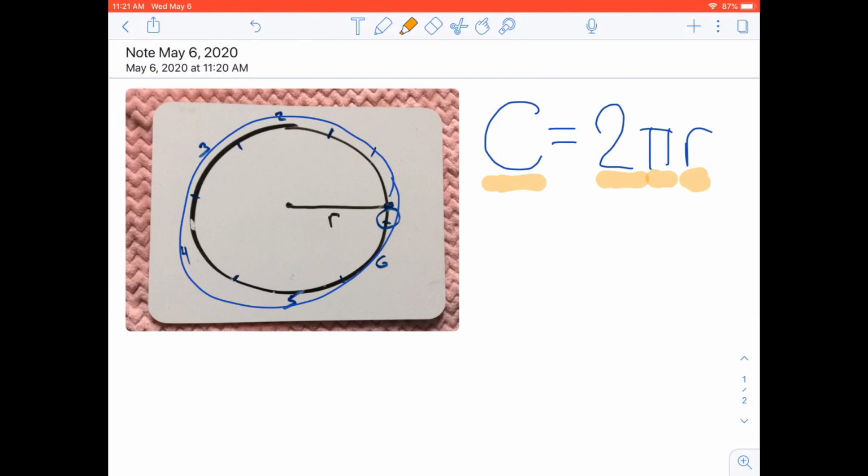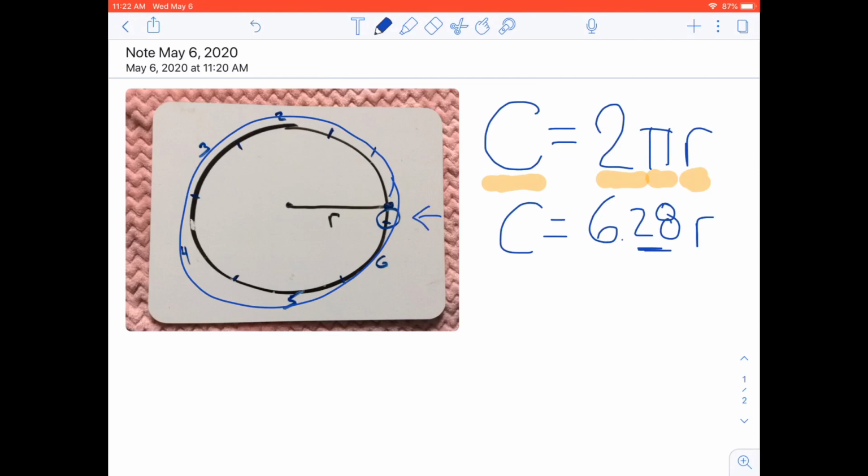Or if we look at that value a little bit closer, 2 times pi is 6.28. So the circumference is equal to 6 and a little bit more radii. And that's why we ended up with a little bit more.